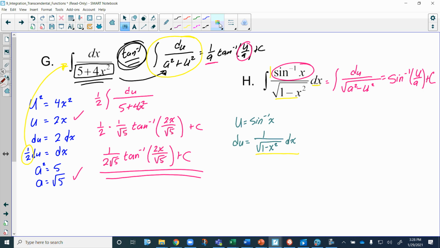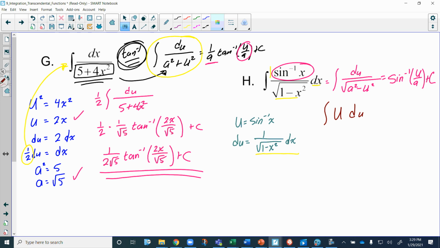So essentially what we have here is u. We don't have any constants being added in front of the integrand. So I have u representing sine inverse of x times du, which is the 1 over the square root of 1 minus x squared for this particular function.